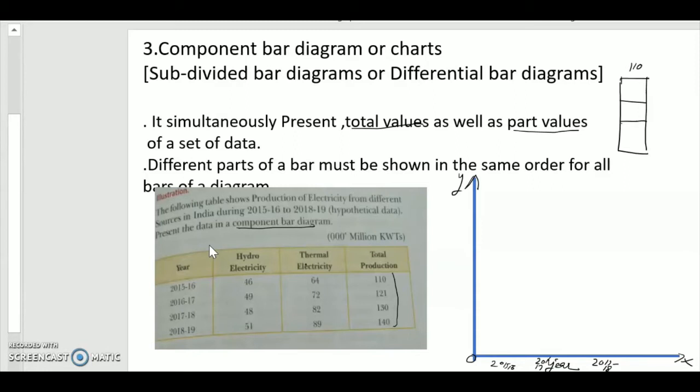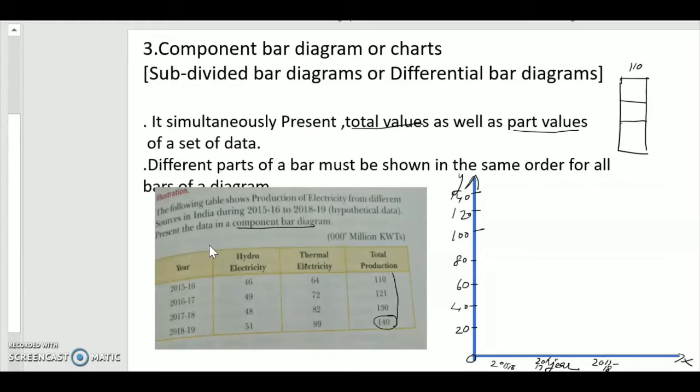The maximum value in total production is 140. On the y-axis we represent the values as class intervals. For ease we take a difference of 20: 20, 40, 60, till 140, including 100, 120, then 140.